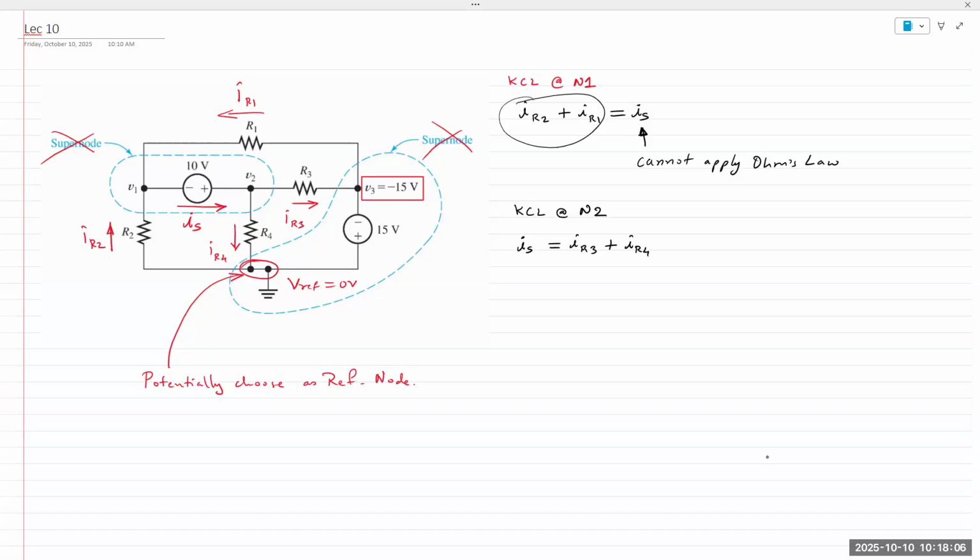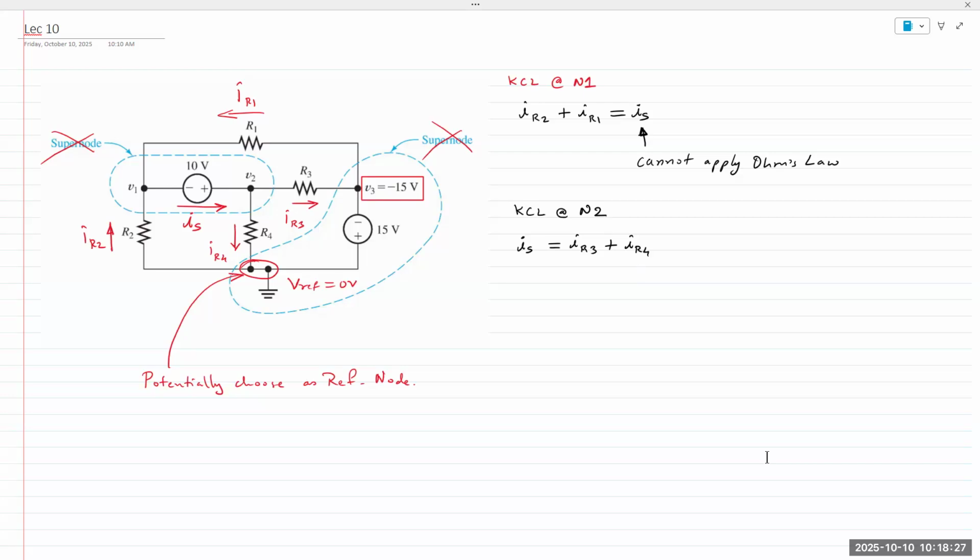Okay. So we have, in the first one, again, IS is equal to IR2 plus IR1. Second one, we have IS is equal to IR3 plus IR4. And the same thing, we cannot express IS using Ohm's law.